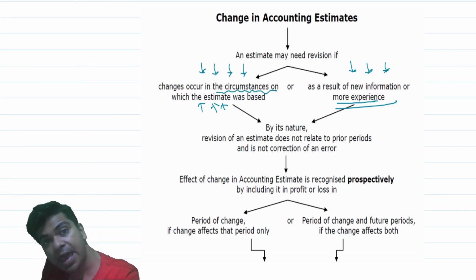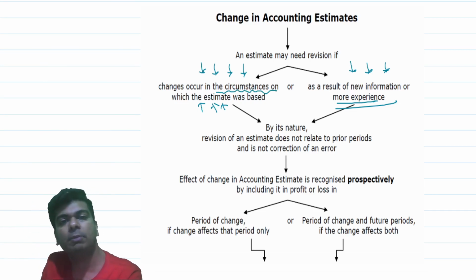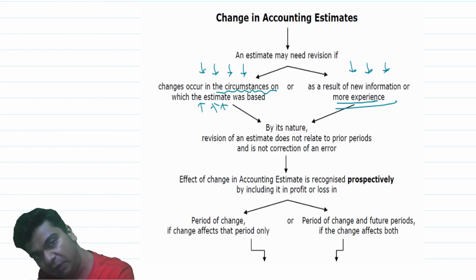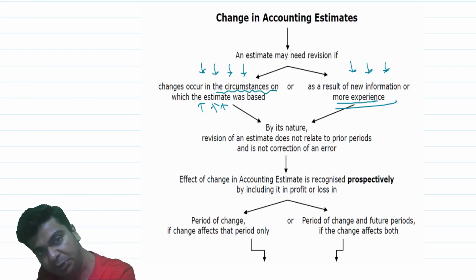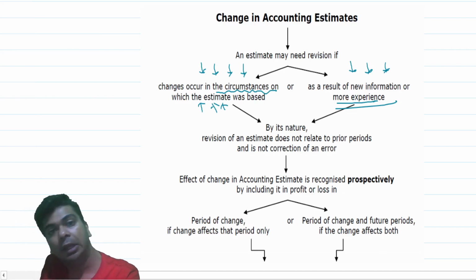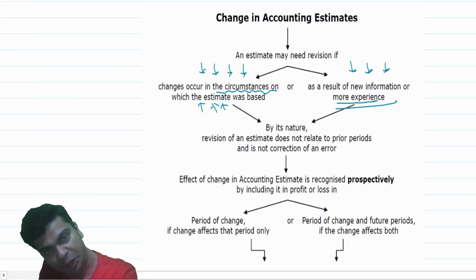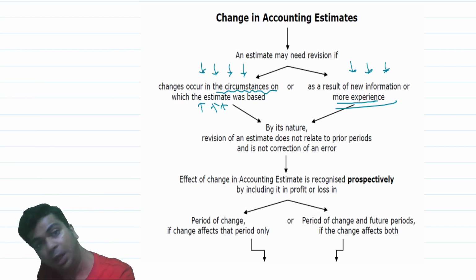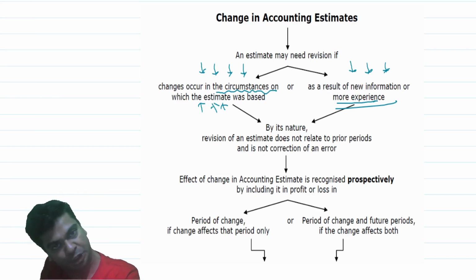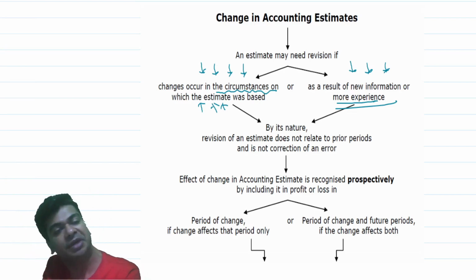Getting it? I had estimated that the useful economic life of my depreciable asset will be 10 years. And hence, on the basis of that, I am providing depreciation for 10 years. Accordingly, I have calculated the cost, deducted the salvage value, and based on that, I have worked out the amount of depreciation. 3 years down the line, originally 10 years, that means 7 years should be left.